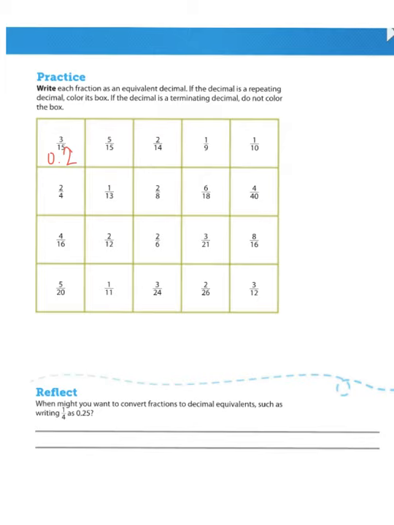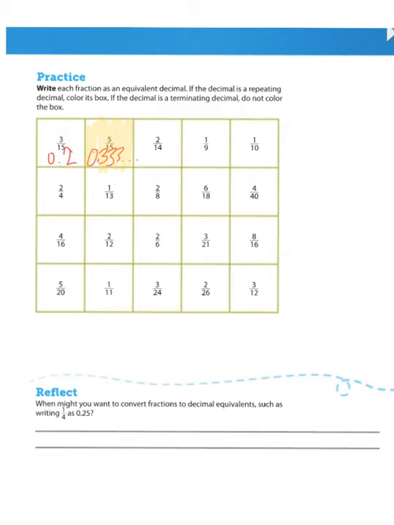So I'm not going to color that box because it's a terminating decimal. 5/15, so 5 divided by 15, I get 0.333... So that is repeating. So I would shade that box in. Yours, you will just drag a colored box to it to show that it's a repeating decimal.